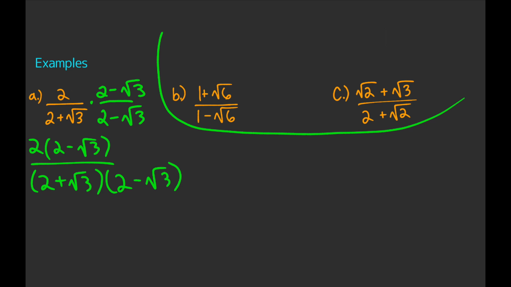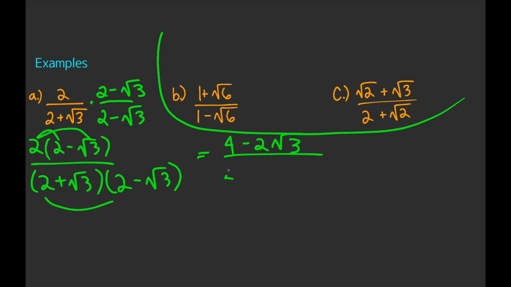Alright, so the numerator, we're going to distribute that 2 to the numbers inside the parentheses. So we're going to do 2 times 2, which is 4. And then 2 times the negative square root of 3, and that is going to get us negative 2 times the square root of 3. In the denominator, we're going to multiply the 2 by the 2.